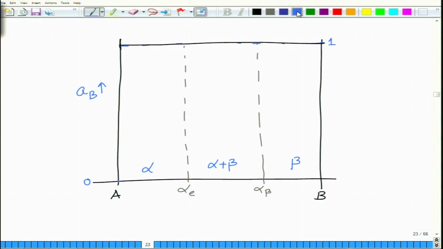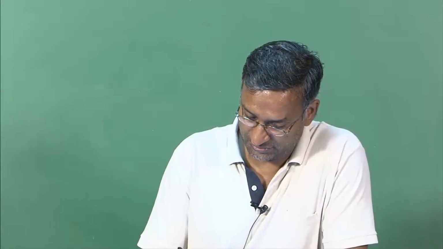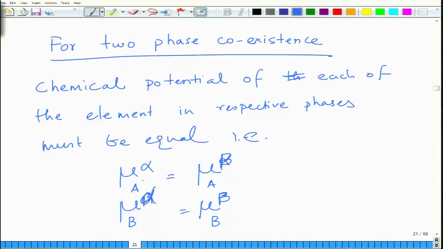In between, the activity of B in alpha must be equal to the activity of B in beta. So we want to say that the chemical potential of A in alpha is equal to the chemical potential of A in beta. Similarly, the chemical potential of B in alpha is the same as the chemical potential of B in beta, and that is what it means in terms of activity.